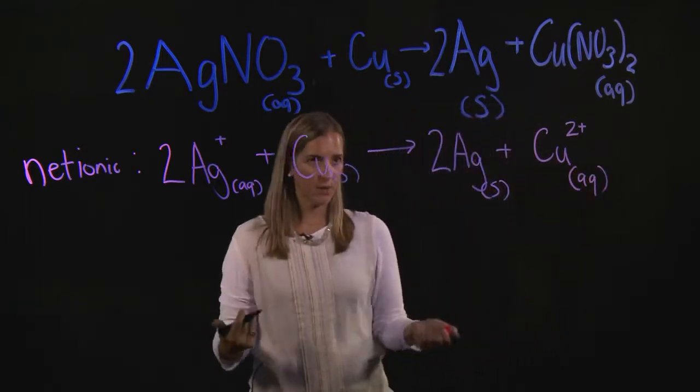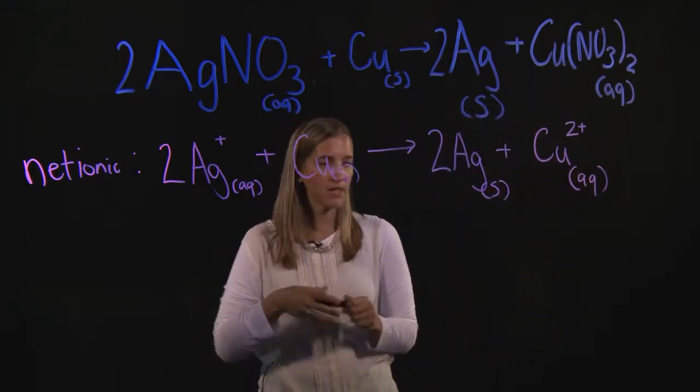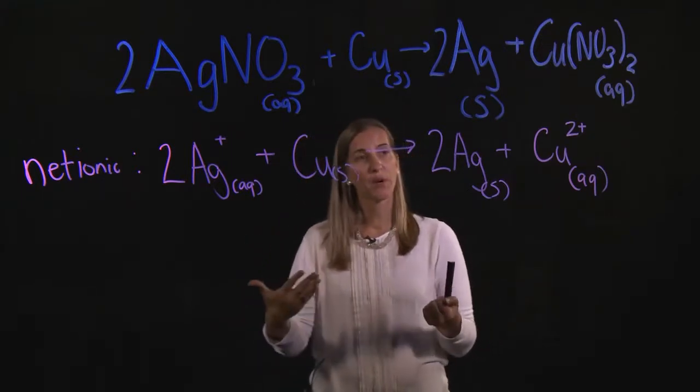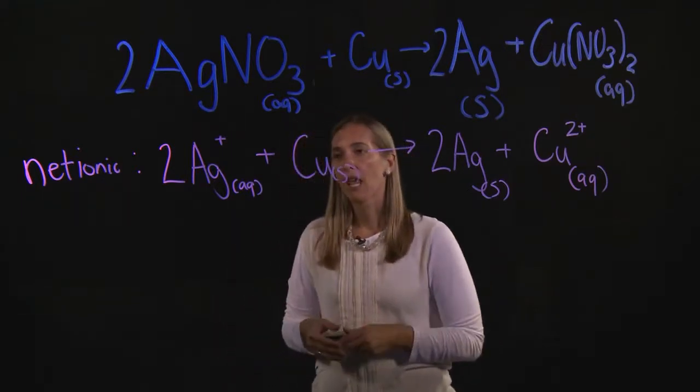So this redox reaction is taking place, and now when you write the net ionic, you can kind of see a little bit where the electrons are going from.